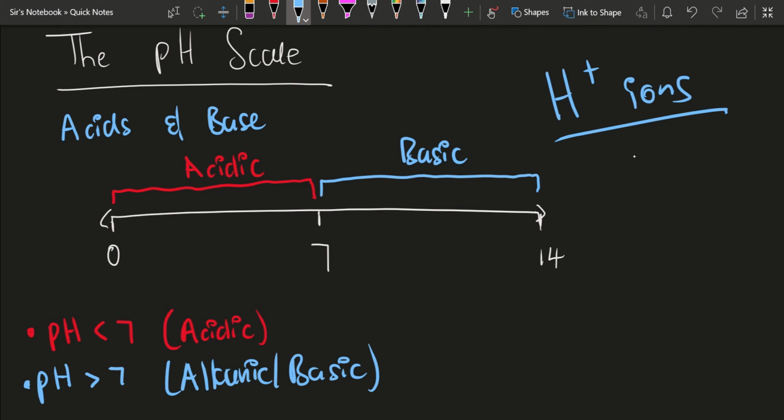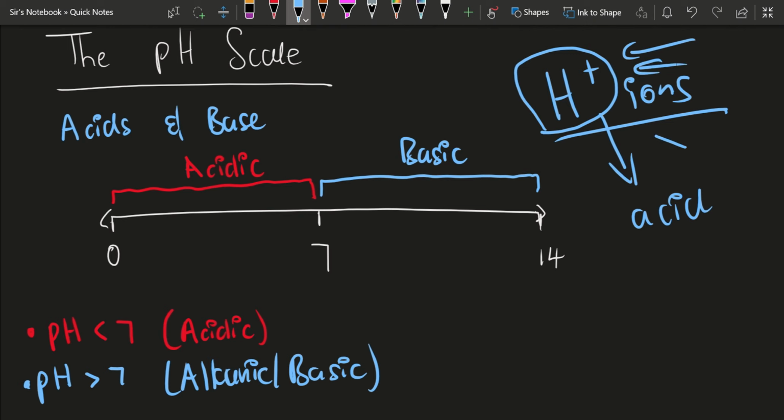Remember, according to the Arrhenius definition of an acid, it's a substance that produces H plus ions. If a substance produces H plus ions, we say that it is an acid. So if you produce more and more H plus, the concentration of H plus increases and makes the substance way more acidic. And the opposite is true. If a substance is very acidic, then it has a very low pH, somewhat closer to 0.